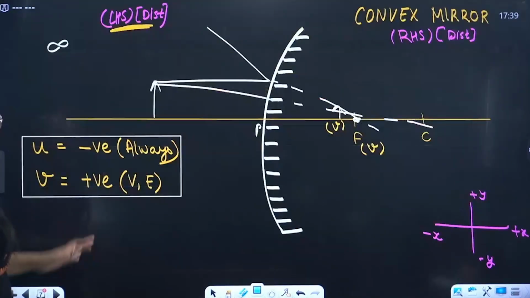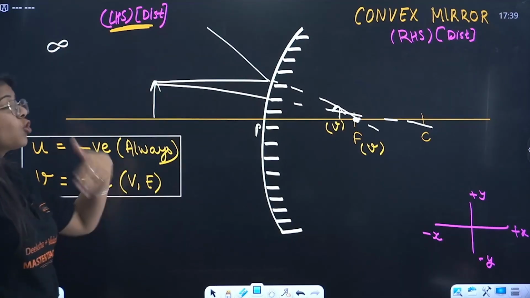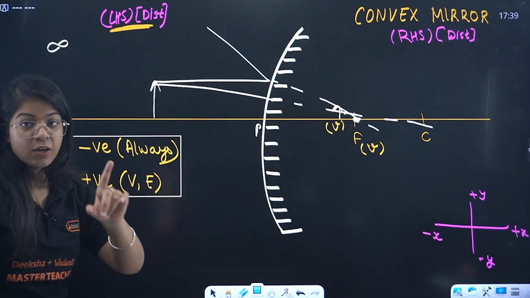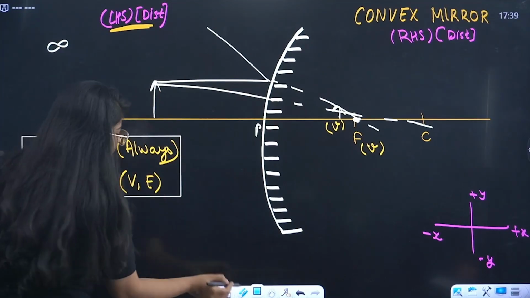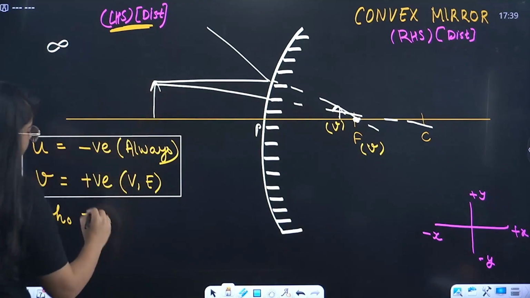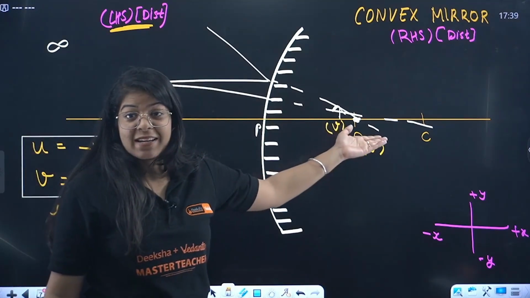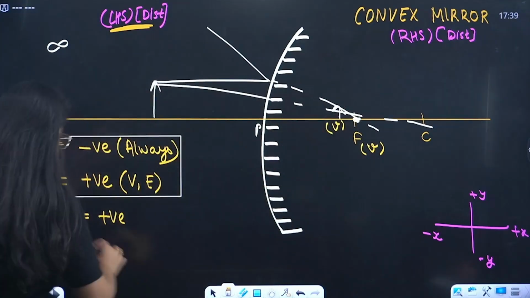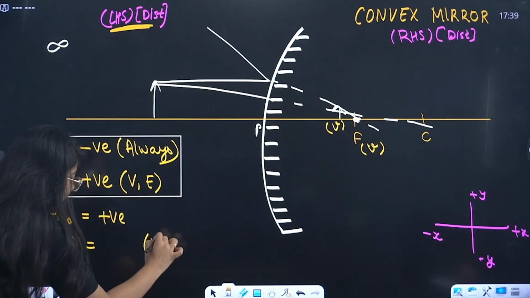But in case of convex mirror, there are just 2 cases. U is always negative, v is always positive in case of convex mirror. Very clear? Again, see, height of object is always above the principal axis, positive. Now the image is virtual and erect, again above the principal axis. So height of image also is positive, right?